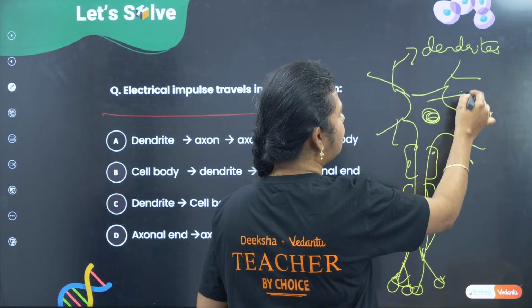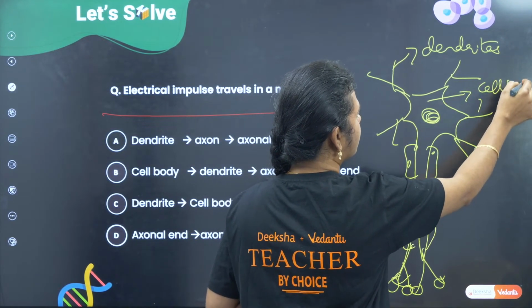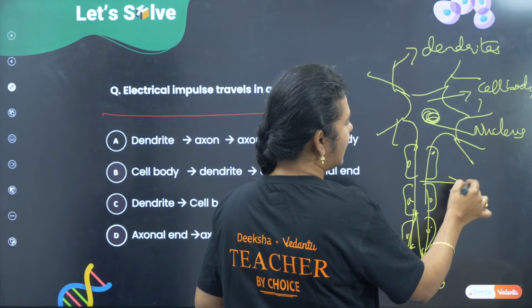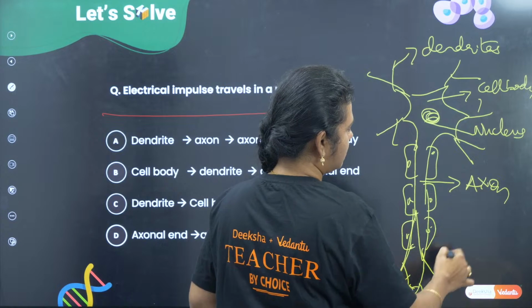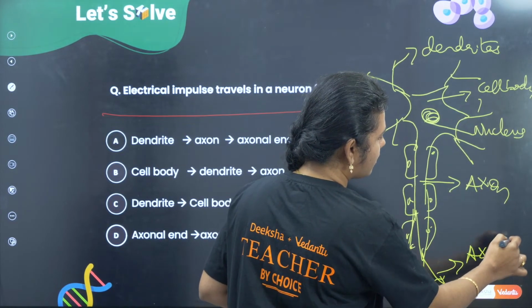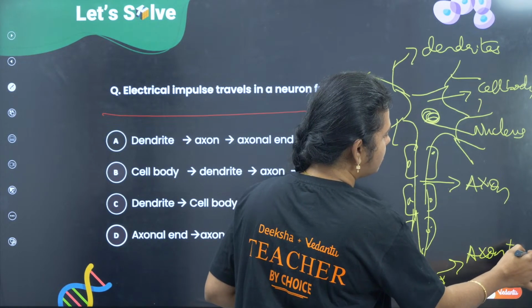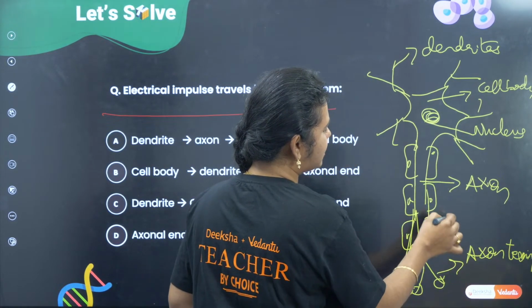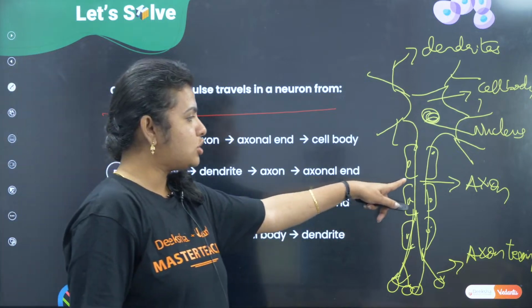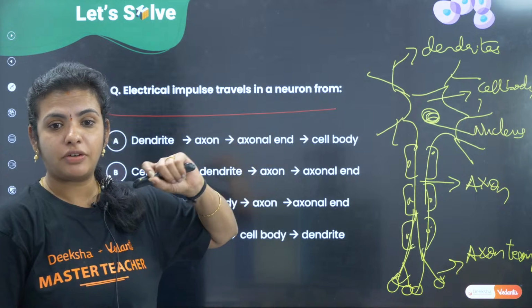This is the cell body. This is the nucleus. This is the axon, the axonal end or axon terminal, and these are the cells. Okay, myelin sheath you have, Schwann cells you have. This is the nodes of Ranvier. Okay, the spaces whatever is present here.